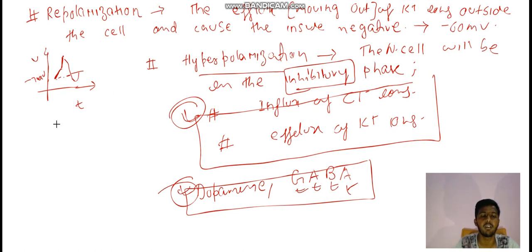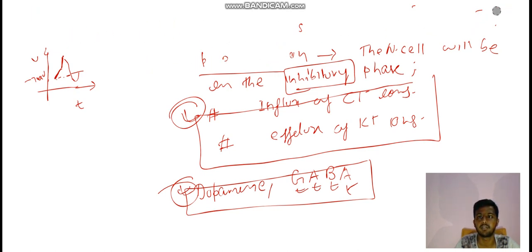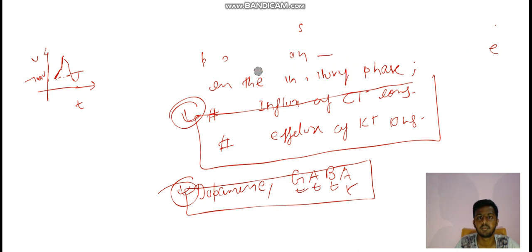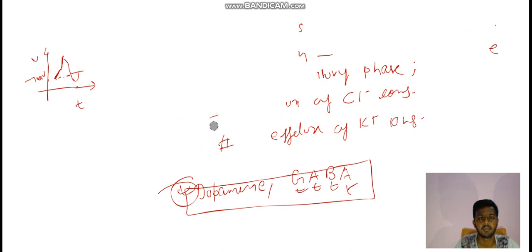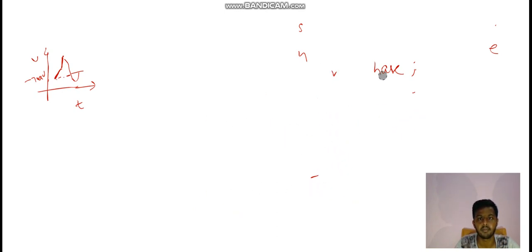Now we have a term, that is refractory period. Now we will see the refractory period.